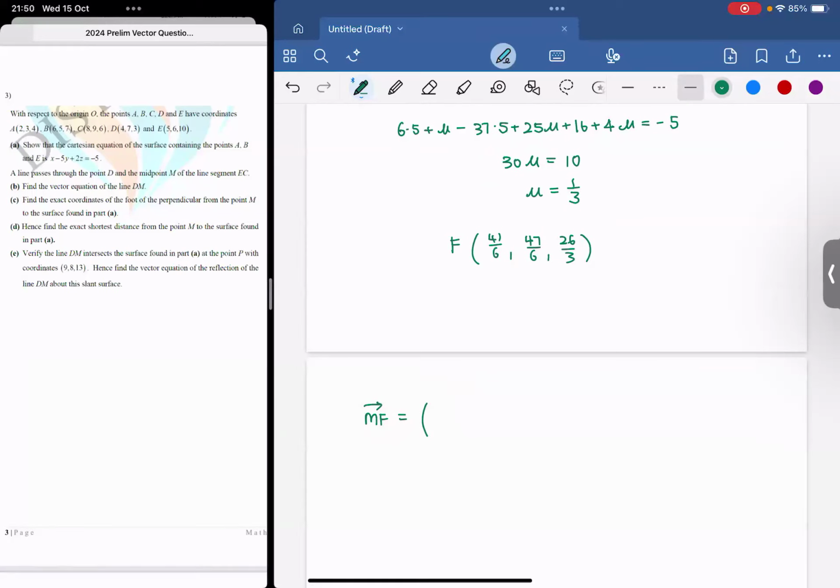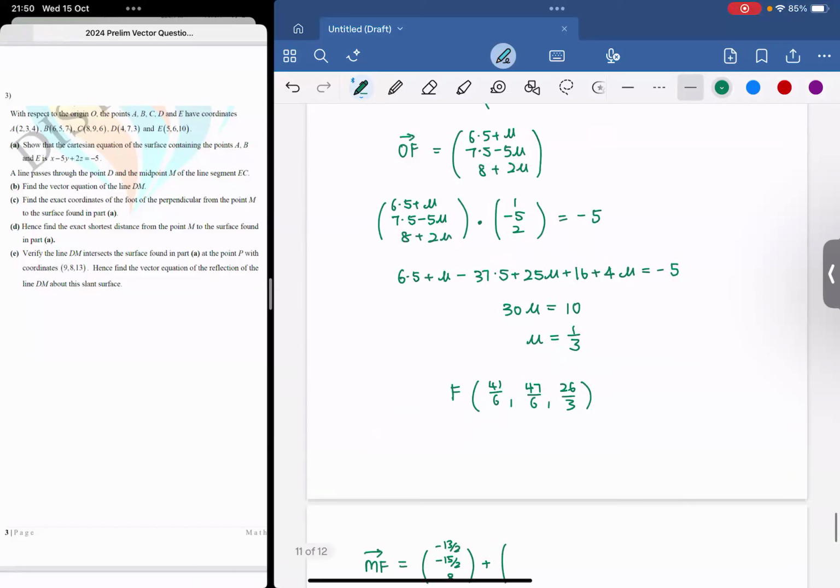M is the midpoint. MF is just negative 13 over 2 minus 15 over 2 and 8 plus, what is F?